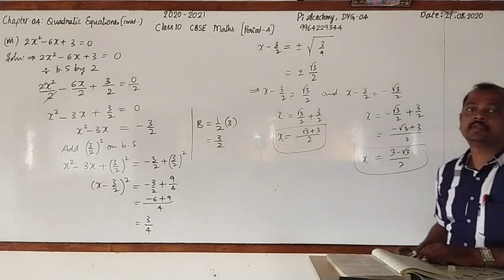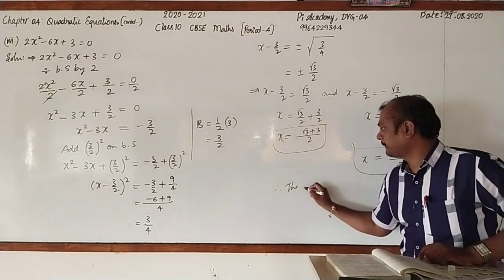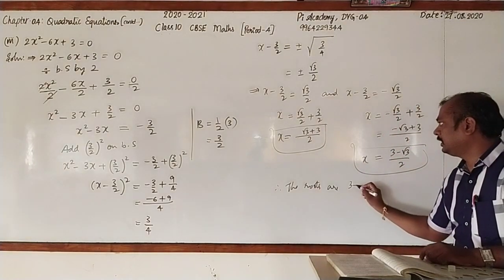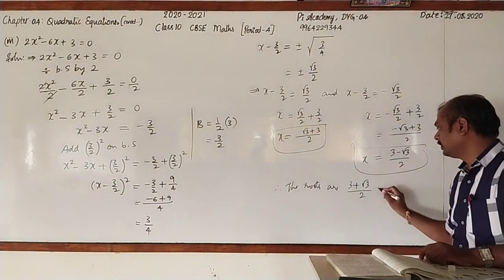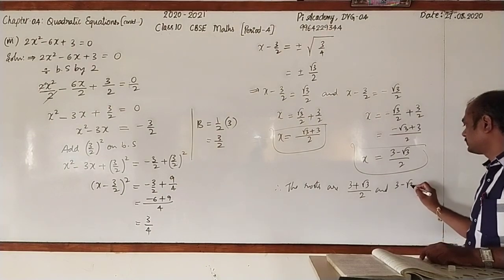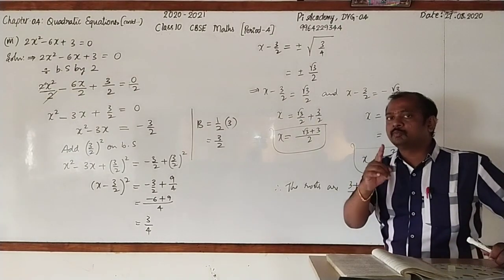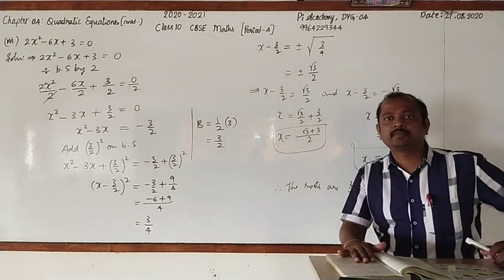Therefore, the roots are (3 + root 3)/2 and (3 − root 3)/2. Clear? Yes.